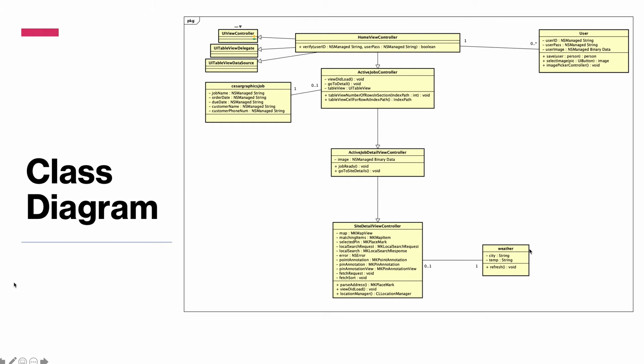And this weather class is where the API calls are stored. And so the weather will be called for depending on the city, depending on the latitude and longitude of the job location.